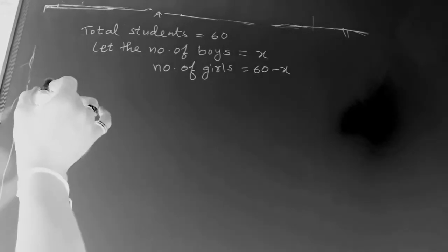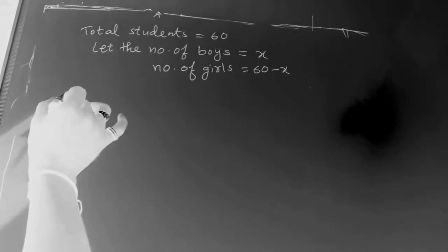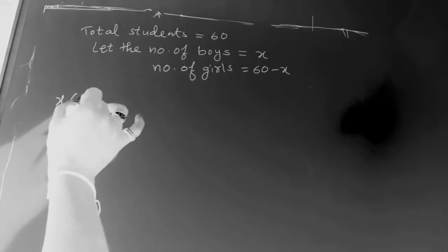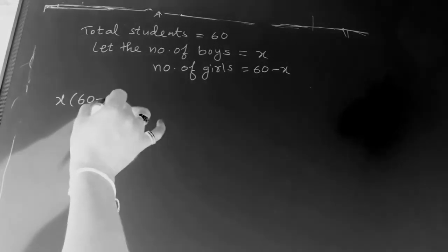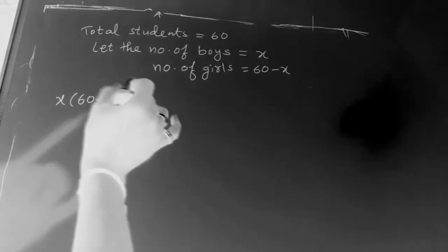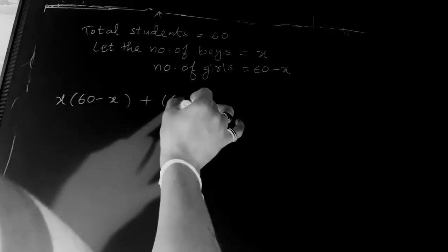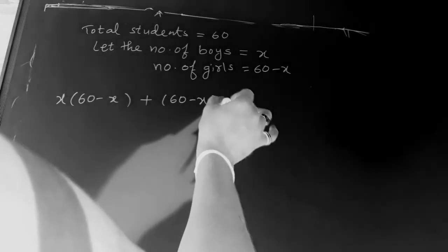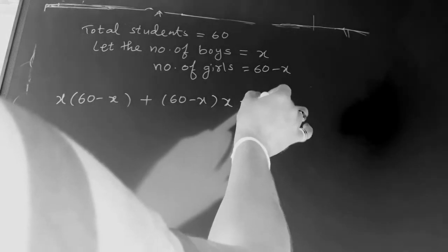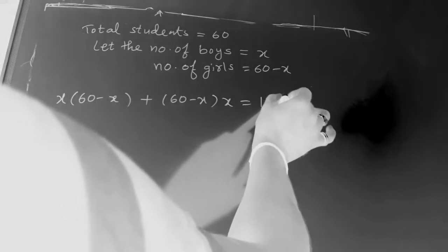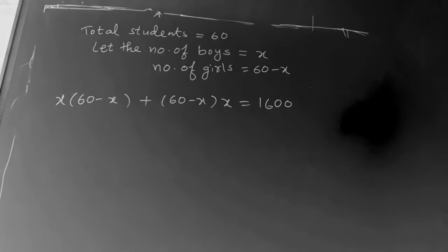According to the question, x into 60 minus x, plus each girl contributed money equal to the number of boys, is the total money 1600 rupees.